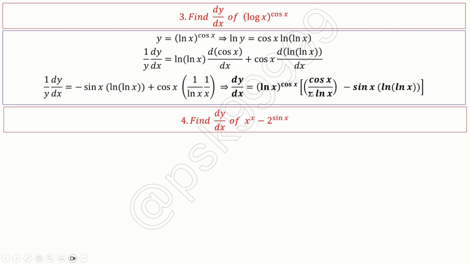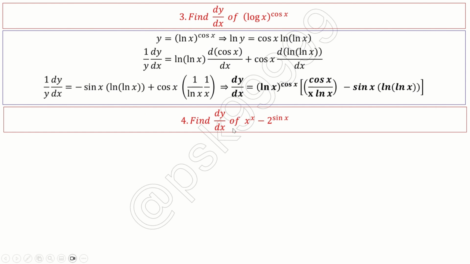Next, x to the power of x minus 2 to the power of sin x. Now this is another problem which is very important. If you take logarithm on both sides, you cannot do any separation, right? It will just become log of x to the power of x minus 2 to the power of sin x. You cannot make it into a sum or difference. So in such cases, consider each term as a function.